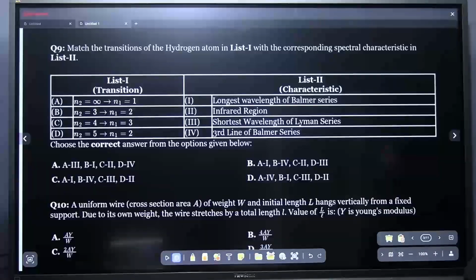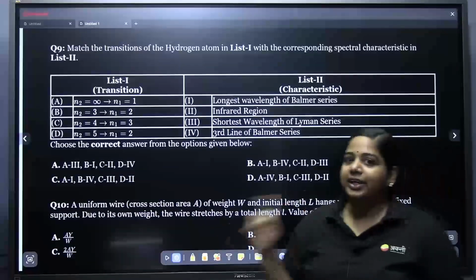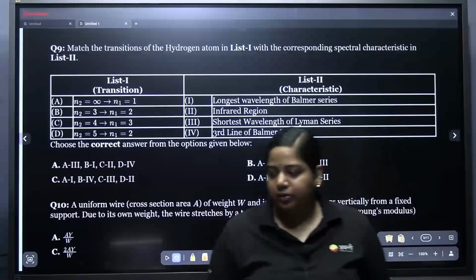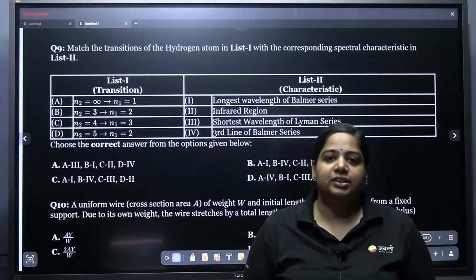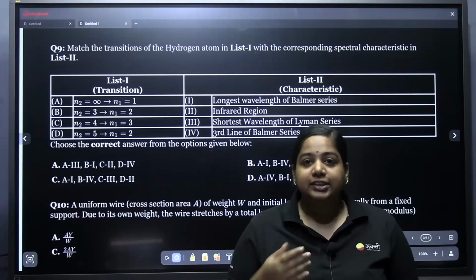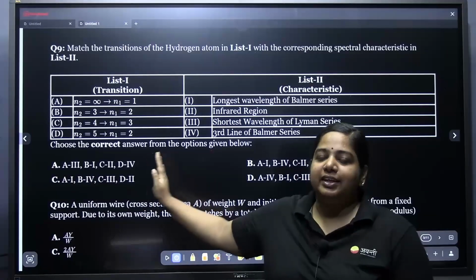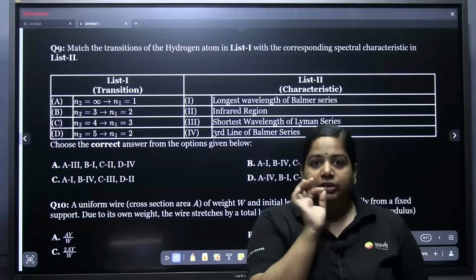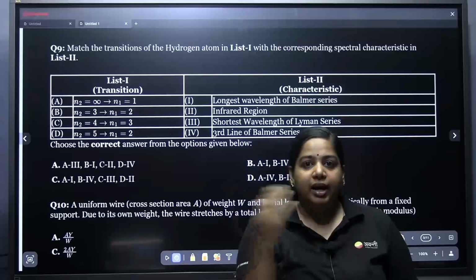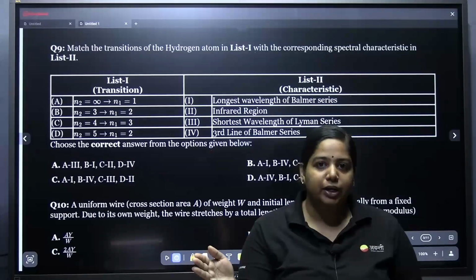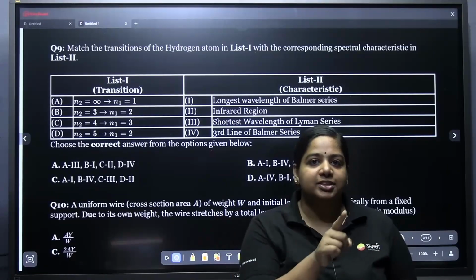Next one, match the transition of hydrogen atom in list 1 with corresponding spectral characteristics in list 2. I don't know if you have attended the modern physics class. In that we did a similar question. When you get things like this, do only one thing. Choose the highest difference in N1 N2. That will have the shortest wavelength.